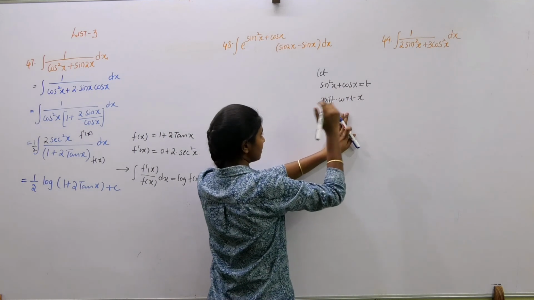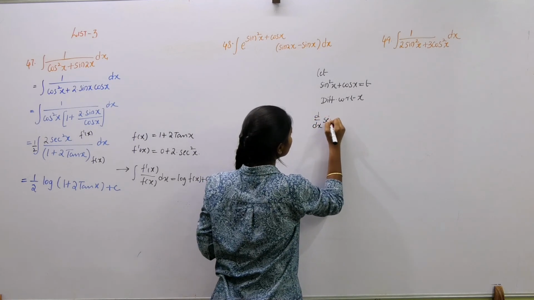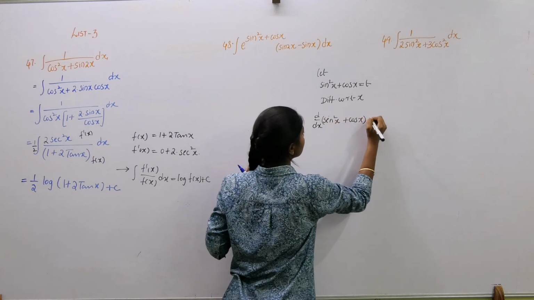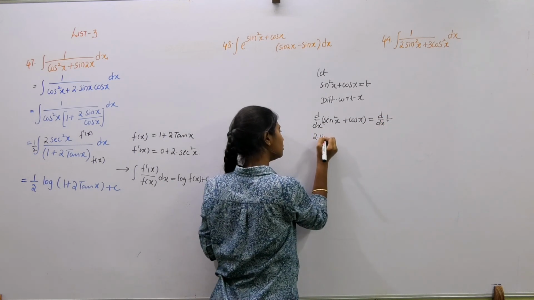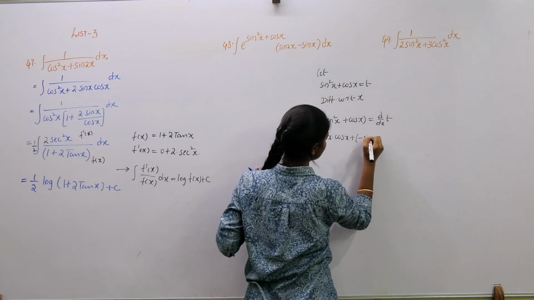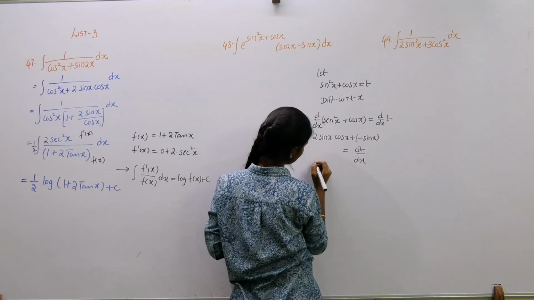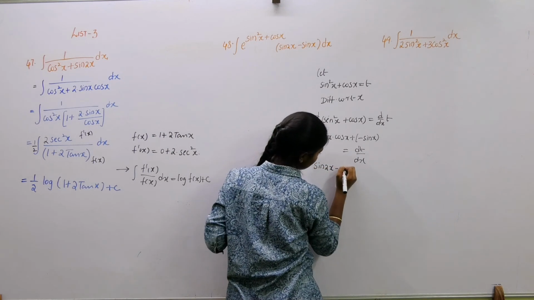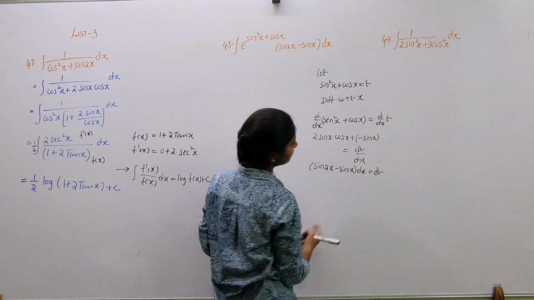Now differentiating with respect to x on both the sides, we get d by dx of sin square x plus cos x is equals to d by dx of t. 2 into sin x into cos x plus d by dx of cos x is minus sin x. It is equals to dt by dx. Here we can write this as sin 2x minus sin x into dx is equals to dt.